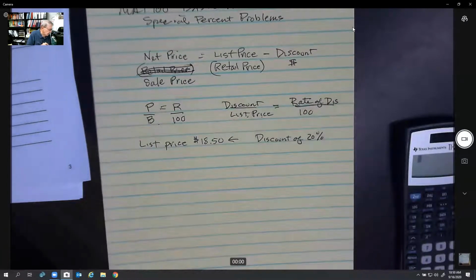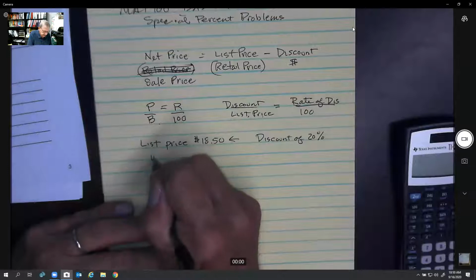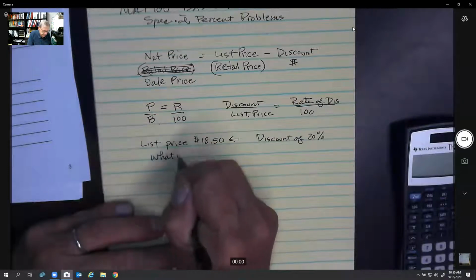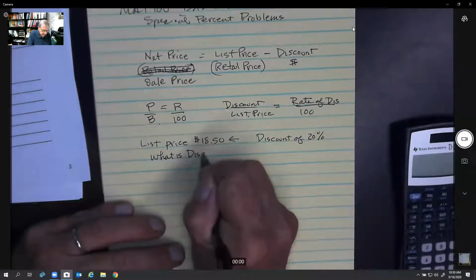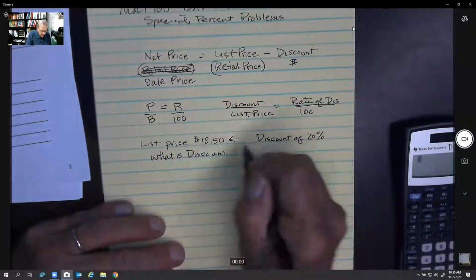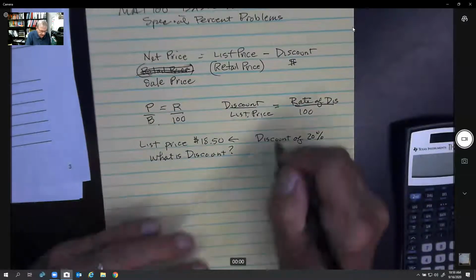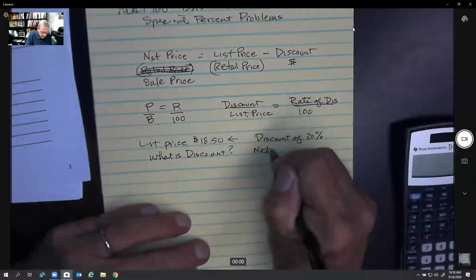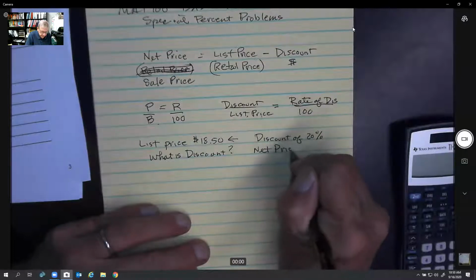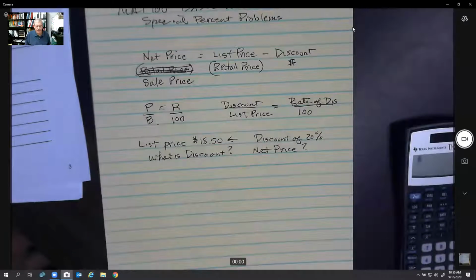First of all, you want to find out what the discount is. And then the next thing you want to find out is how much you're going to pay for it, the actual net price or the sale price. So it's a two-step problem.